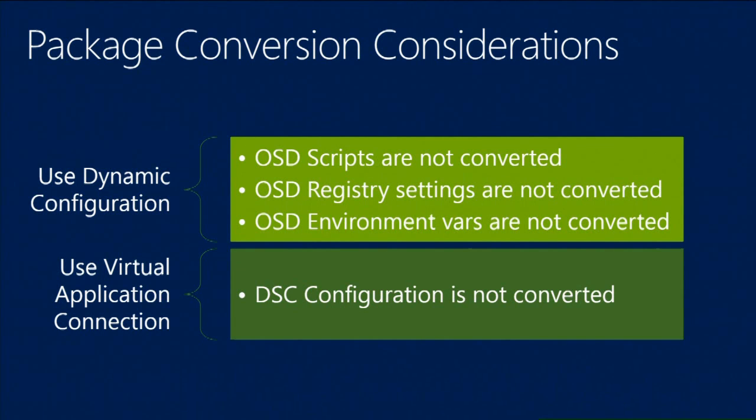So we've changed how some of the things are done. We don't have OSD files anymore. You saw the converted package didn't have OSD files, it had the 4 files. The scripts now go into either the deployment config or the user config file. If your OSDs have scripts, we can't convert those because you can have many OSDs for a package, and we don't know if you want to keep them or not keep them.